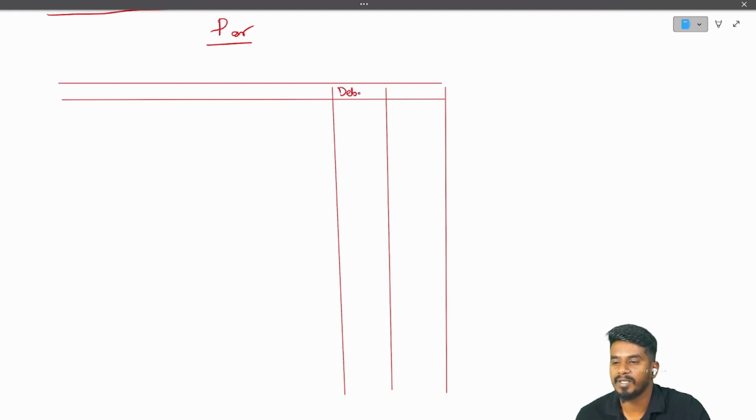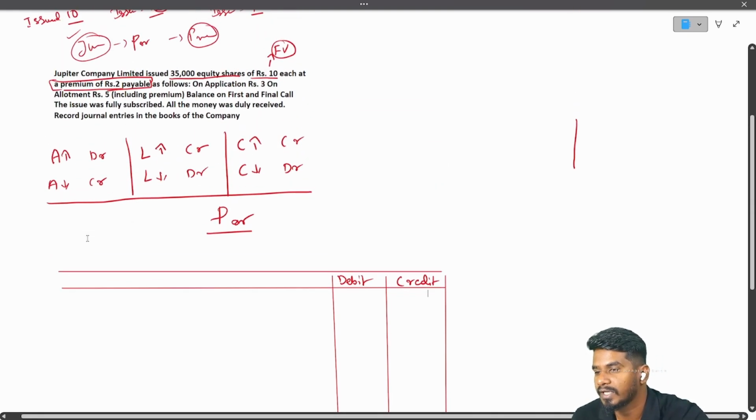So this is the debit side and this is the credit side. Okay, so let us see the question first.